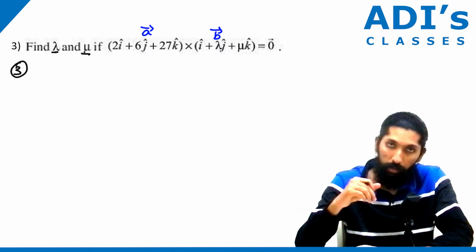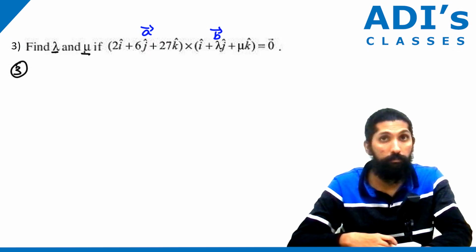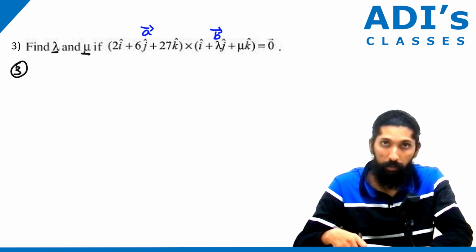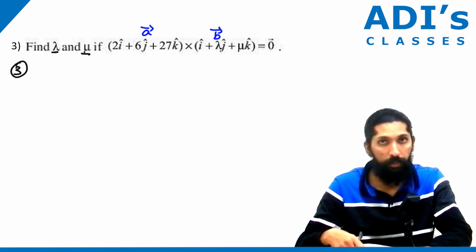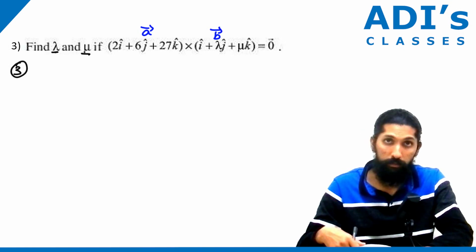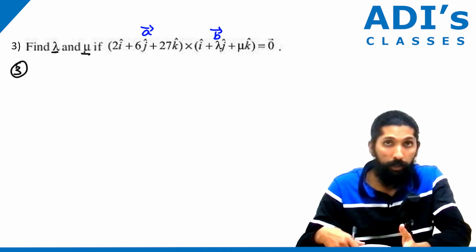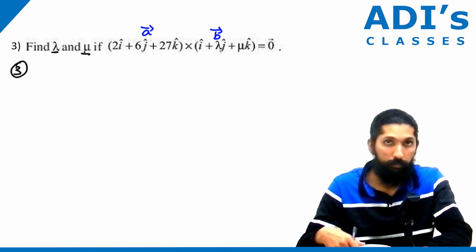Correct? Anyway, first we'll calculate this A cross B value. This is one way of doing it. Another way of doing it is by taking the angle. So sine theta is what? A cross B by mod of A into mod of B, correct? Isn't it?